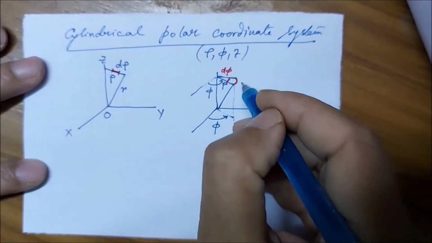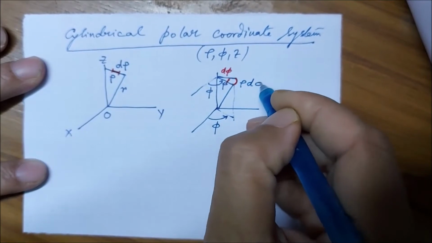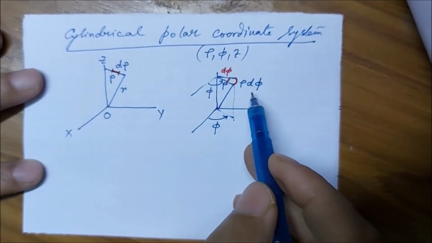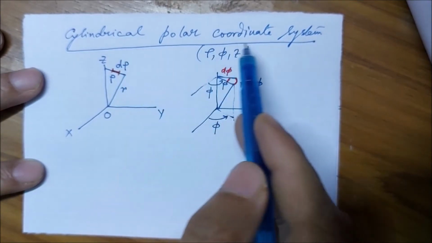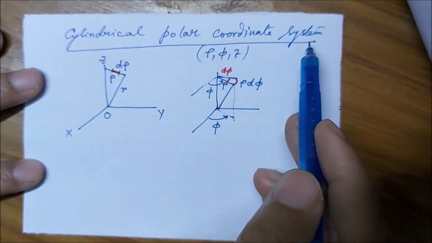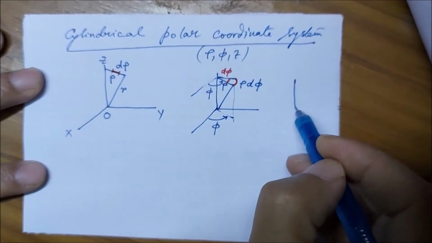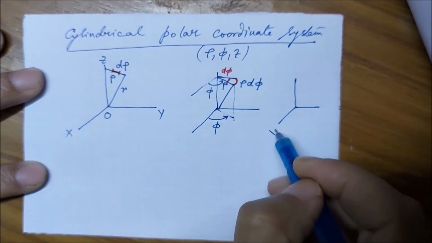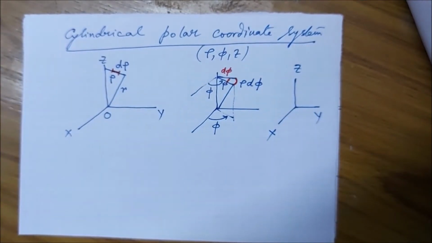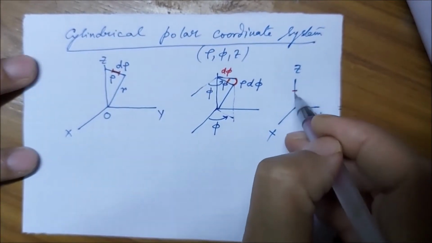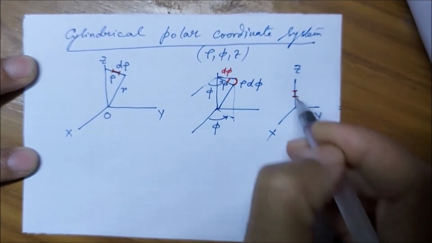The length of this arc is rho d phi. So rho d phi is the length element corresponding to phi in the cylindrical polar coordinate system. And the easiest one to show is the length element corresponding to z, which is this one.